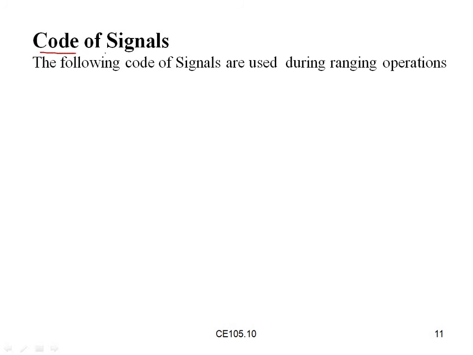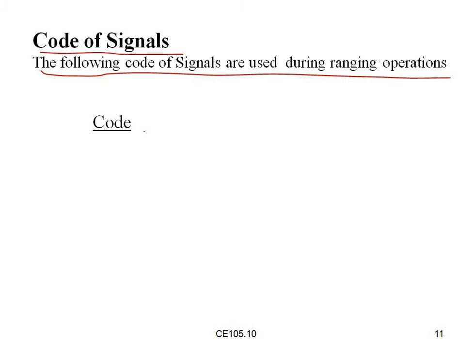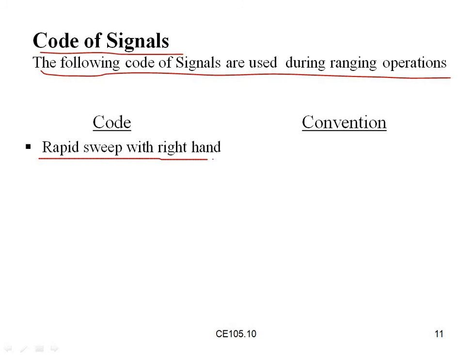So now let us see the code of signals. The following code of signals are used during ranging operations. What are the code of signals? Code, convention. Rapid sweep with right hand means move rapidly to the right.